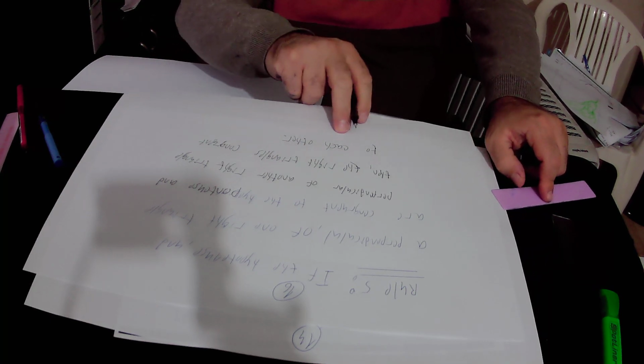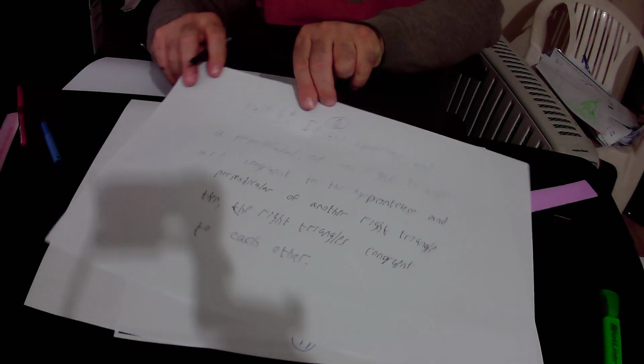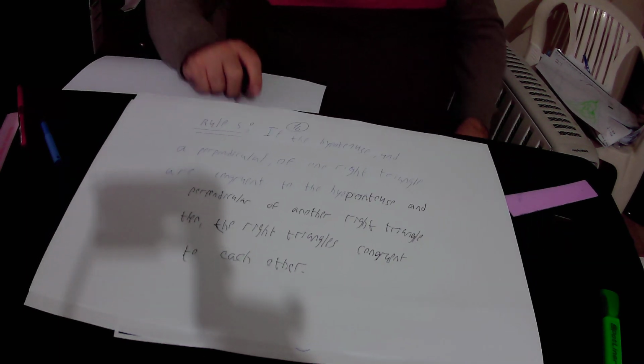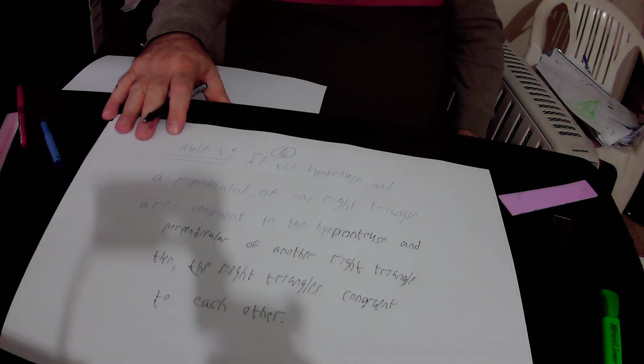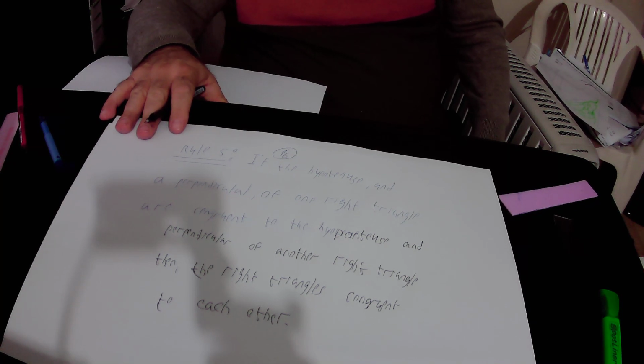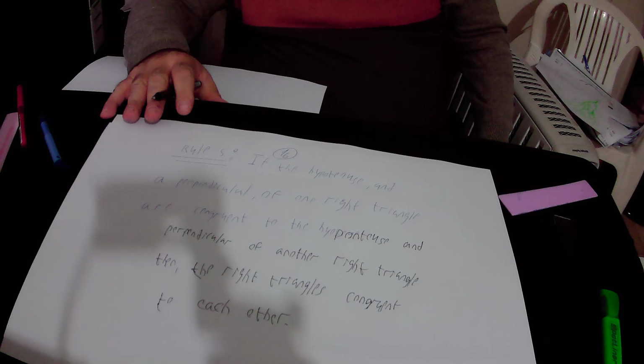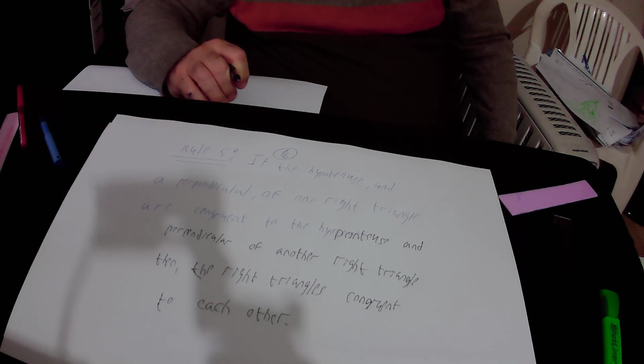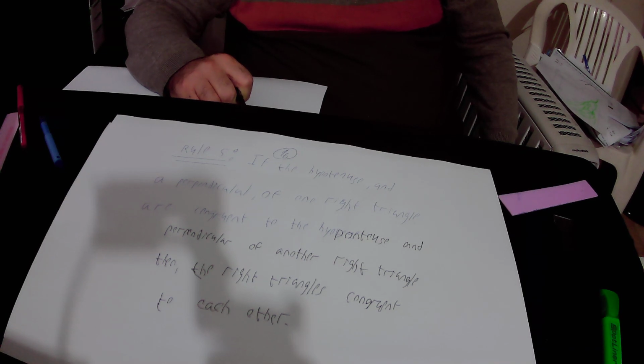I repeat again on rule number 5. According to rule number 5, if the hypotenuse and the perpendicular of one right triangle are congruent to the hypotenuse and perpendicular of another right triangle, then the right triangles are congruent to each other.